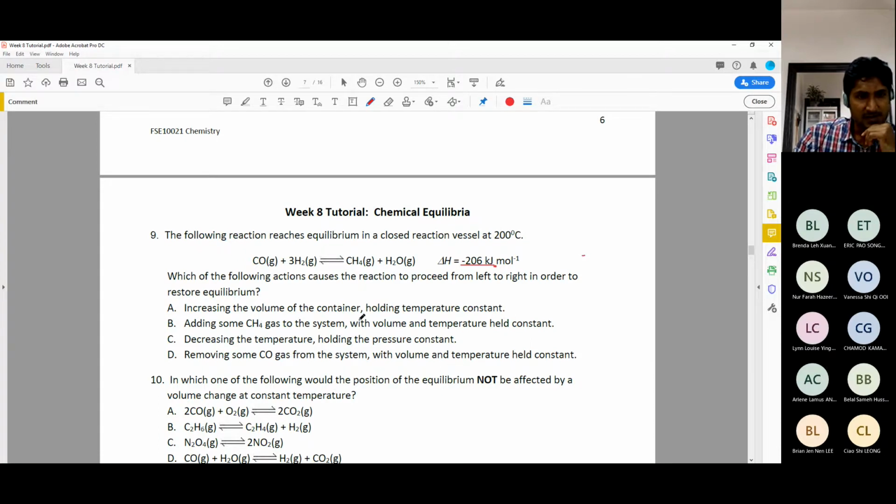Option A: increasing the volume of the container, holding the temperature constant. If we increase the volume of this container, what will happen? Can anybody tell me, if I increase the volume, is the pressure increasing or decreasing?